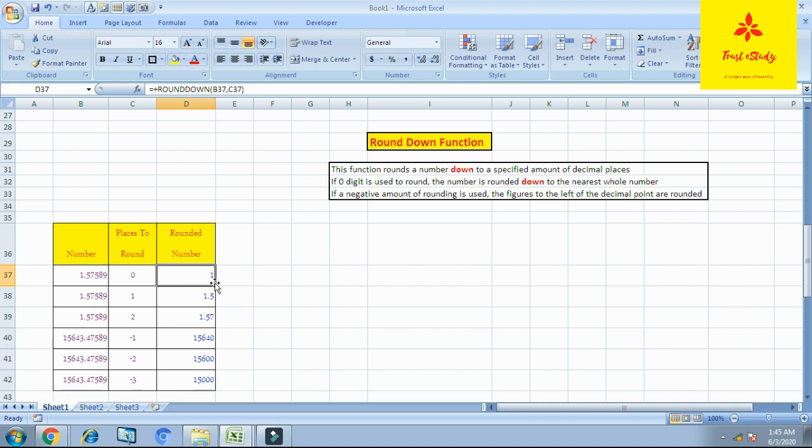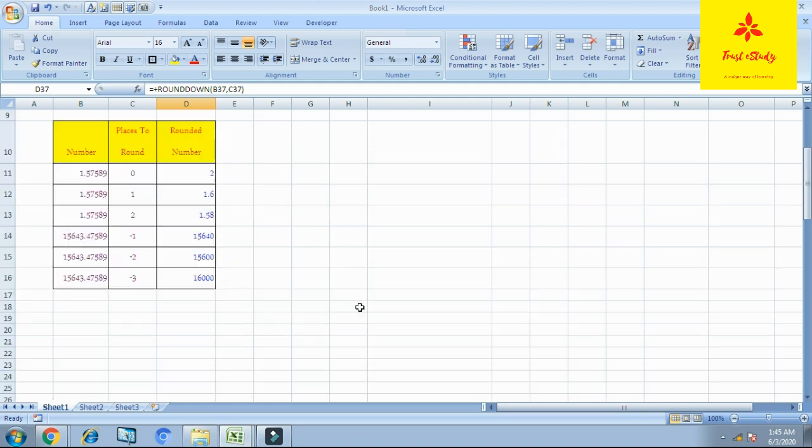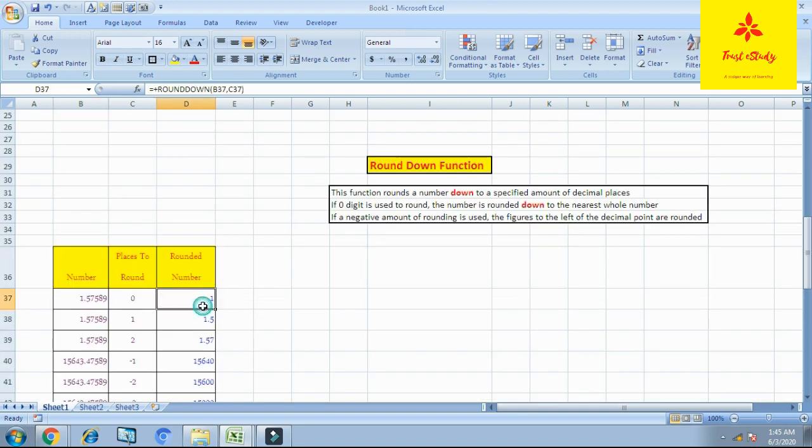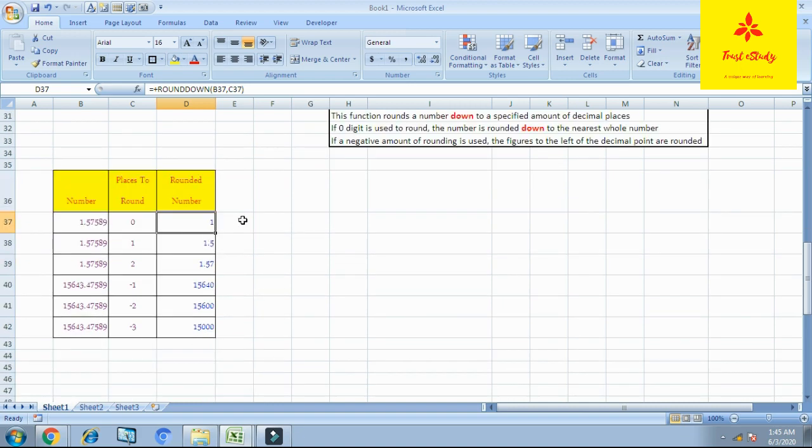So in my previous example, in the case of round, it was rounding up to the nearest whole number. Nearest whole number to this number was 2, but the nearest down whole number is 1. So it converted 1.57589 to 1.